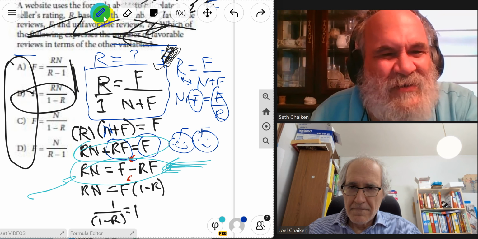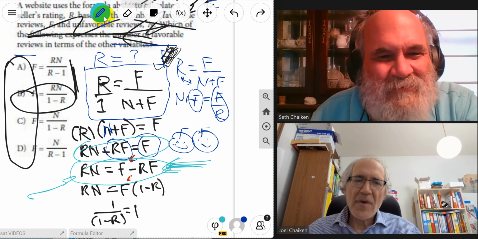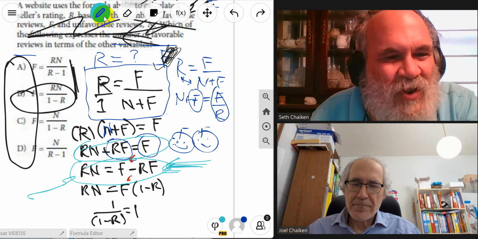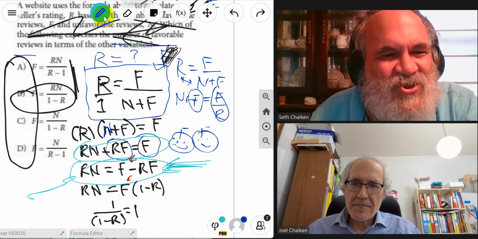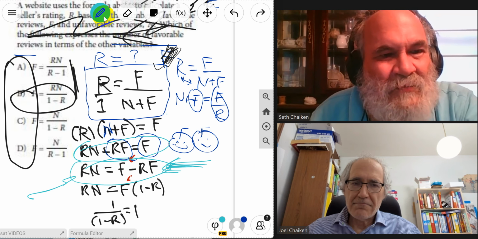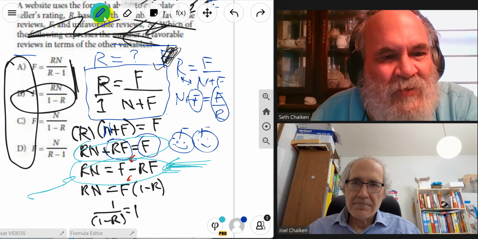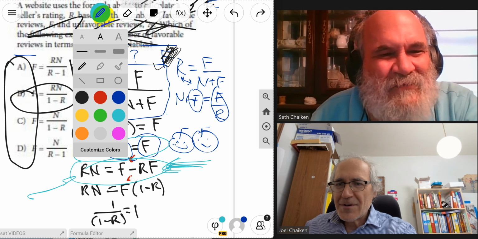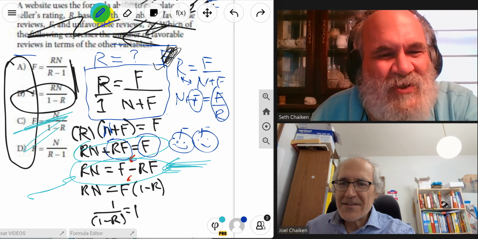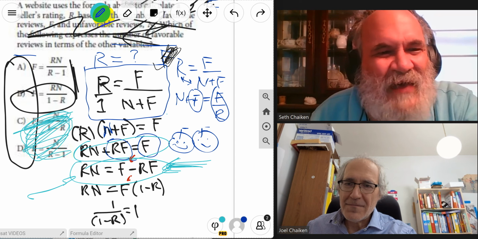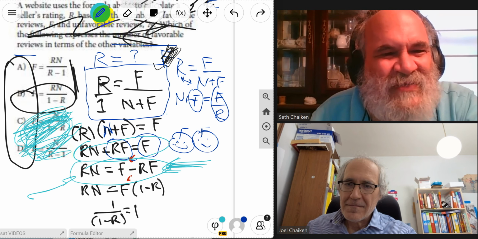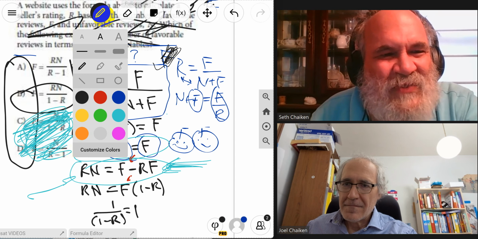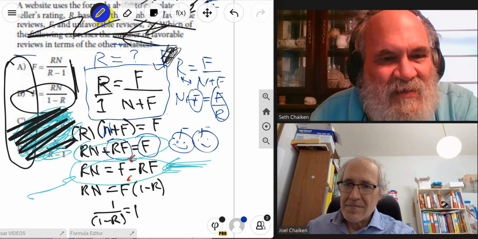So when R is 0, we must have that F equals 0. That's right. Check out each one. The bottom two, if R is 0, we get F is equal to N. They don't work. It's obvious. Cross them out. And that leaves us with only A and B.